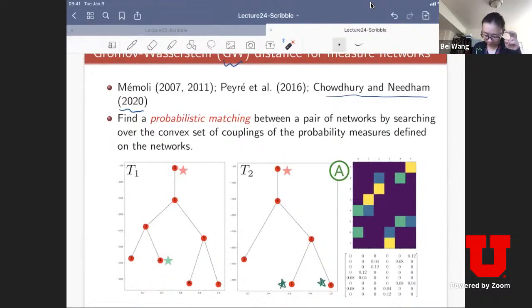The probability says node 4 is matched to node 0 with probability 0.08 and to node 1 with probability 0.04. So it's a slightly higher probability to match to node 0 than to node 1. Any questions?